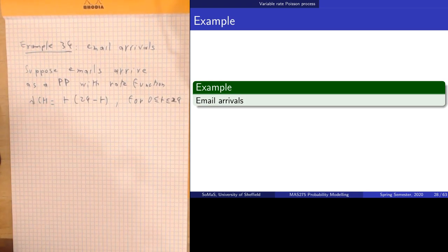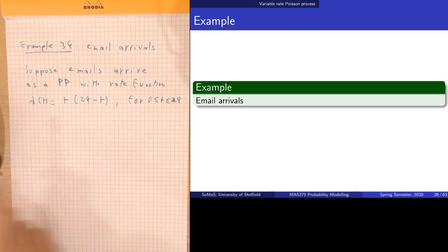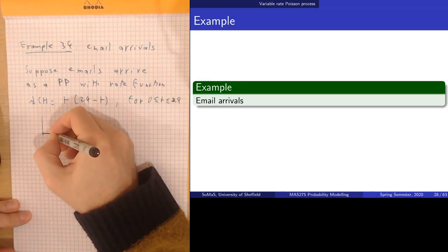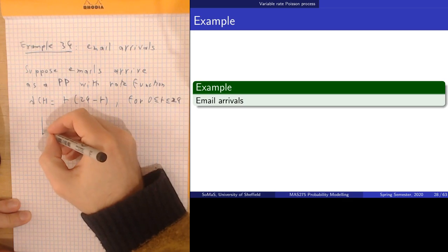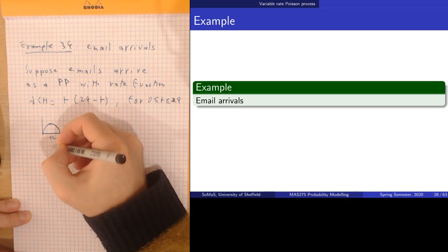Okay, so of course, this means we're counting time in units of hours. So the basic time unit is the hour. And so what is this function? So t times 24 minus t is a quadratic and it hits its maximum at 12. If you wanted to draw lambda of t, it's something like that, and we have 12 here.